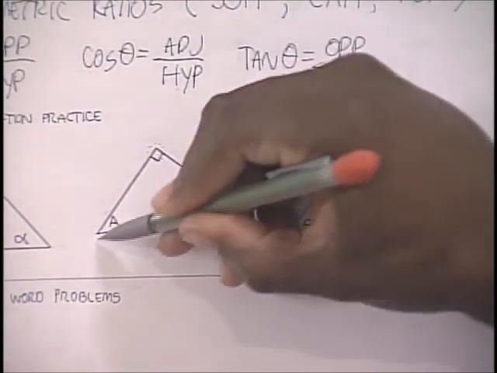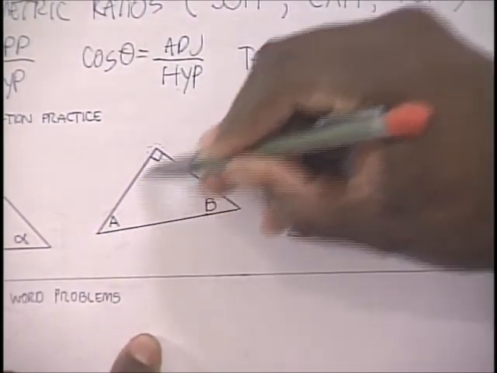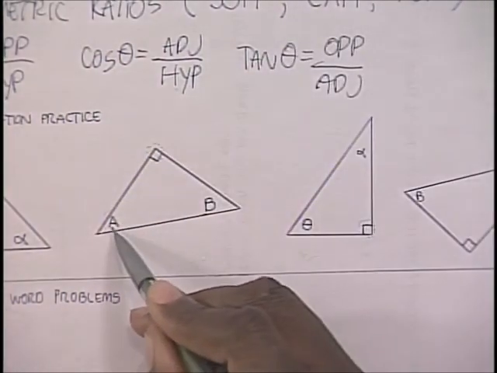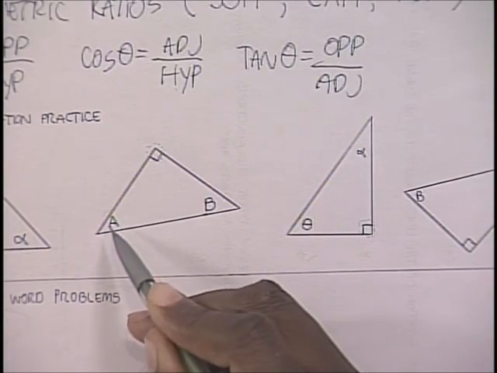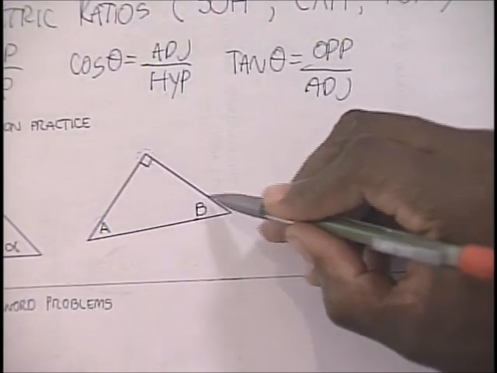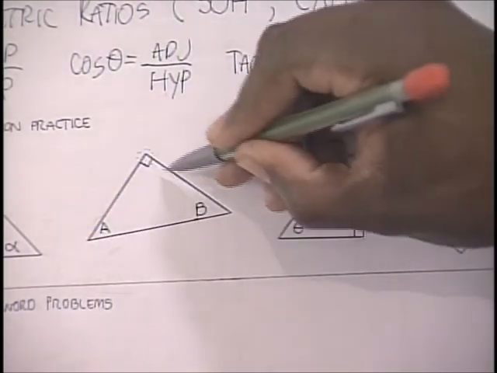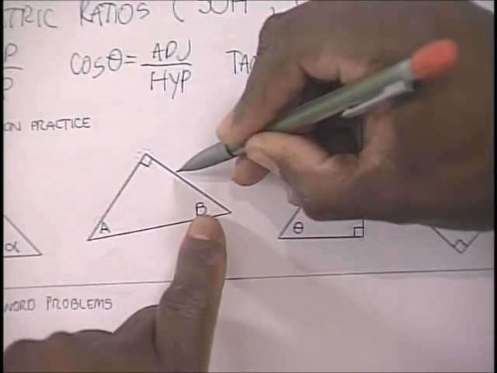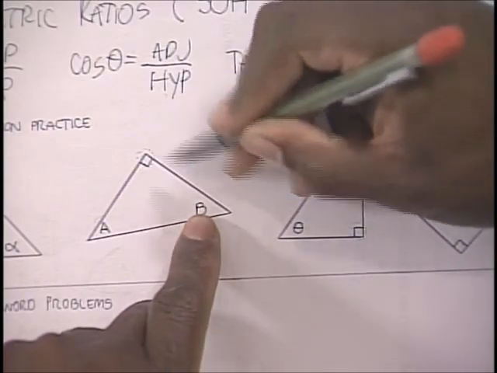And this side right here is next to this angle. We call this side the adjacent of this angle. So everything I identify is in reference to an angle. If you focus on this angle, this is the hypotenuse of the triangle. This side is next to this angle. We call that the adjacent side.